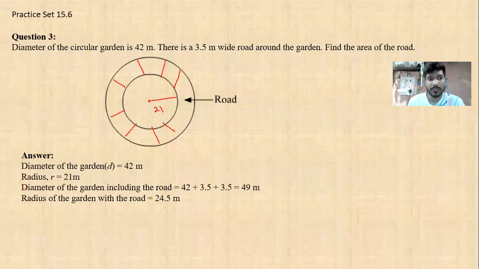We need to find the radius of the garden with the road, that means the radius of the bigger circle. The road width is given as 3.5. So the radius of the bigger circle will be 24.5.